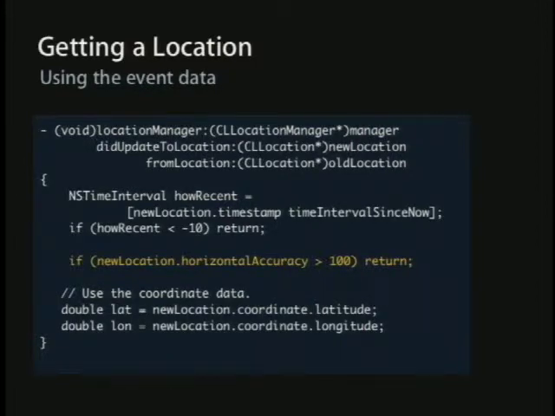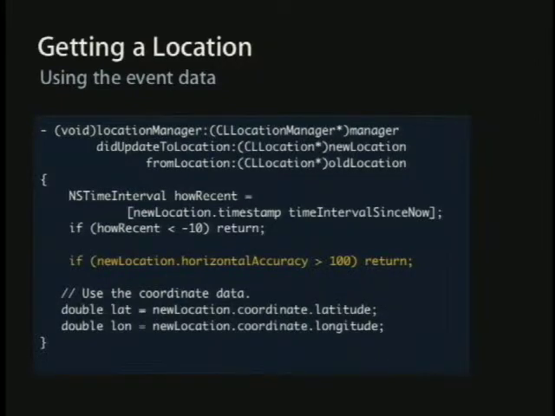And then there's also the horizontal accuracy, which is especially interesting because it gets back to whether we're using cell, Wi-Fi, or GPS. The horizontal accuracy tells you how confident Core Location is in the location it just gave you. In this case, we are going to filter out any notifications for horizontal accuracies greater than 100 meters.